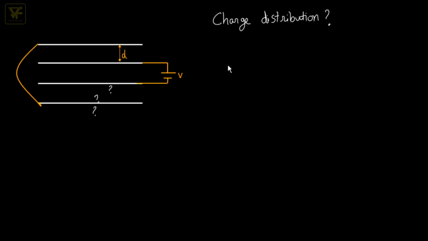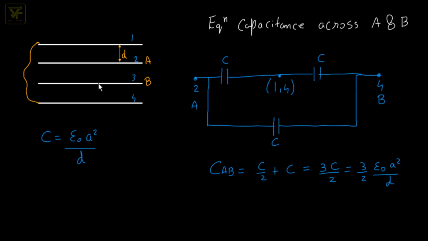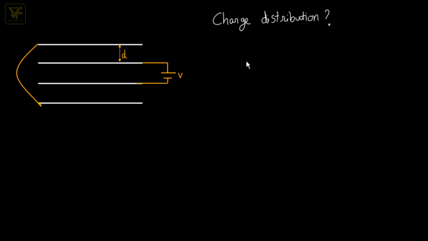Alright, let's try to solve it. Here, first of all, remember that equivalent of this whole circuit, equivalent capacitance is 3C by 2. Alright, 3C by 2. So the whole circuit is like this.